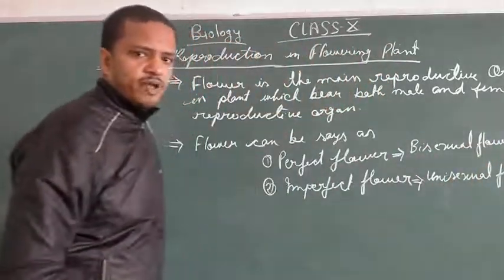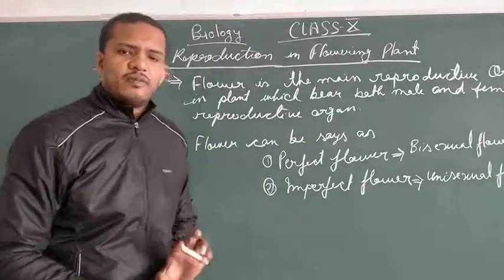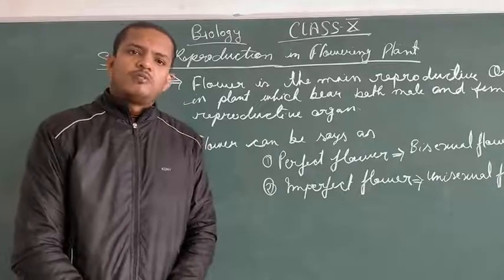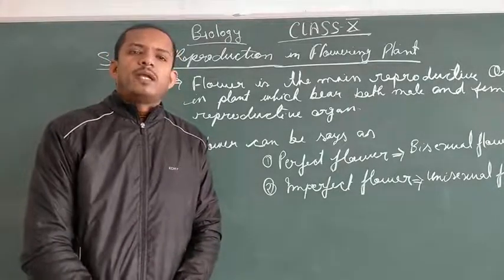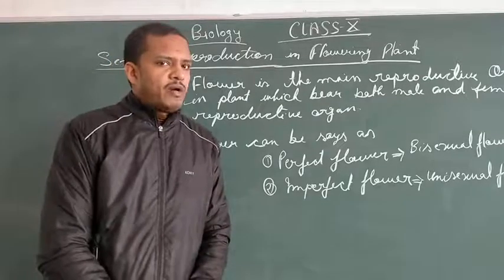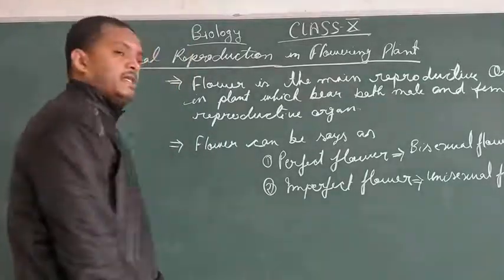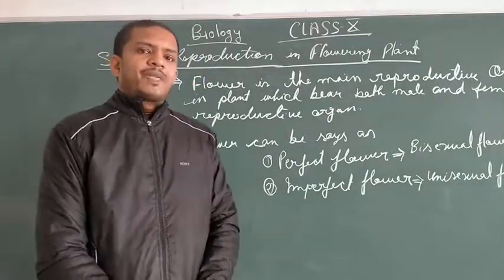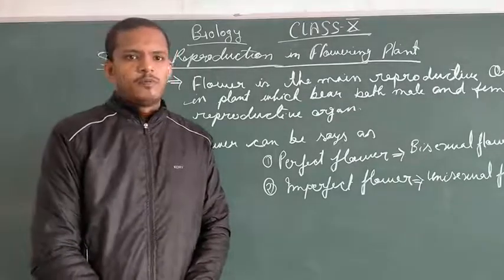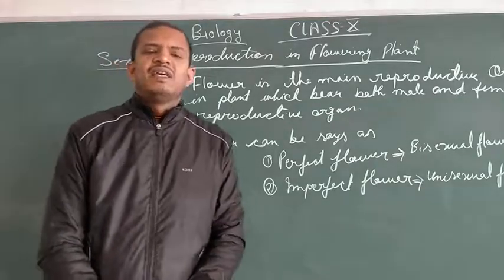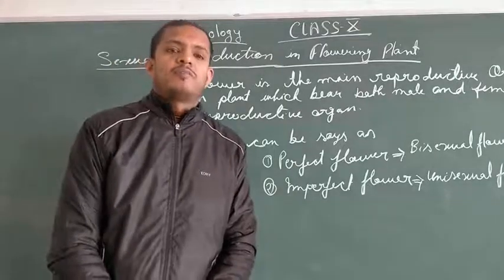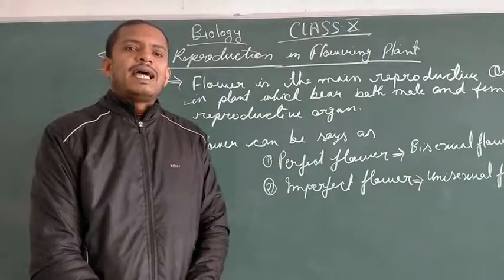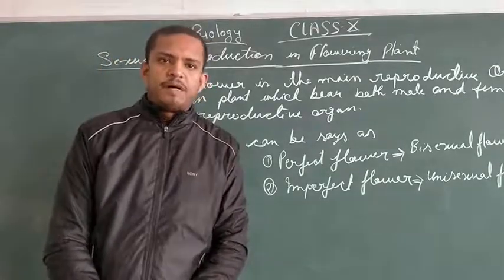So what I told, flower is the main reproductive part of the plant which bears either male or female reproductive organs, or can bear both in the same flower. If either the male or the female reproductive part is present, then the flower is not complete, because it is lacking one of the reproductive parts.